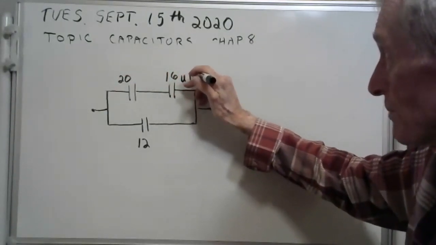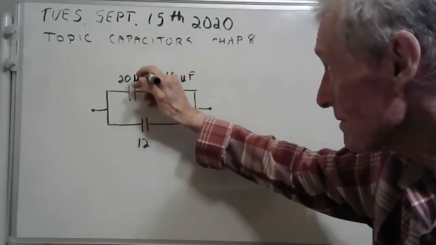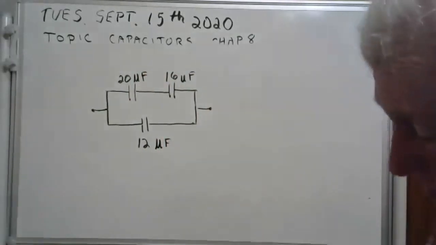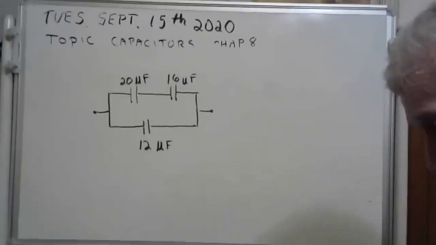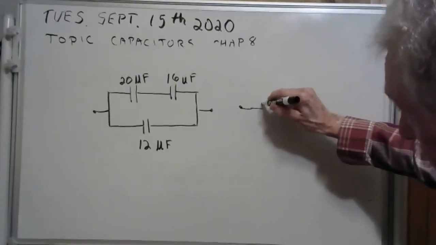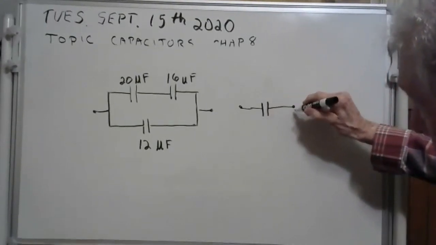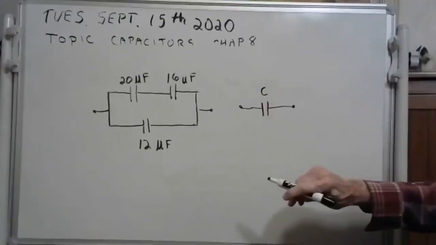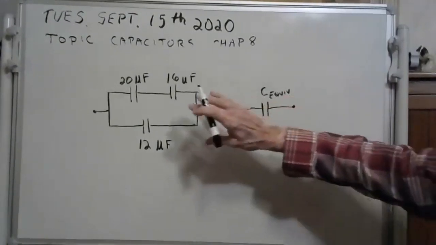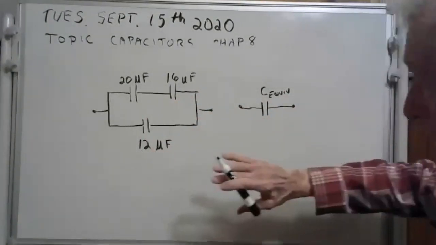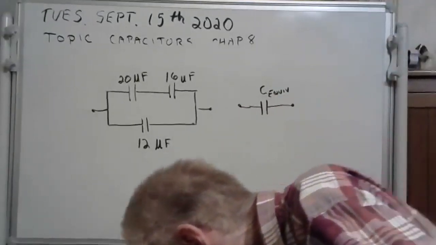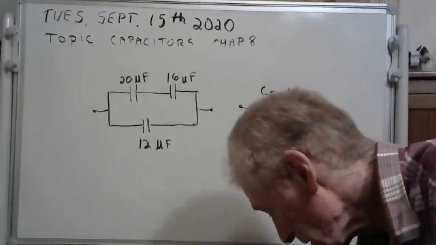We can have all of these be microfarads, that'll be fine. Now, what I want you to do, I'm going to shut up and let you do this. I want you to make an equivalent circuit, a simplified equivalent circuit with just one capacitor. I want you to combine these and solve for the equivalent capacitance. On your mark, get set, go.